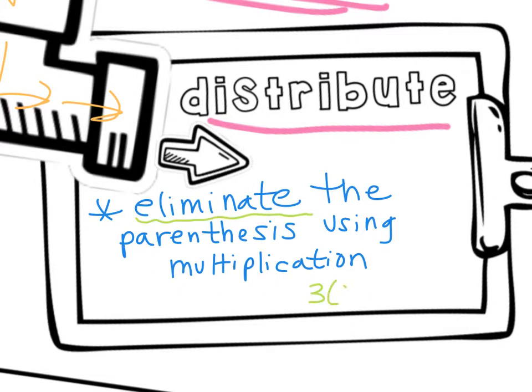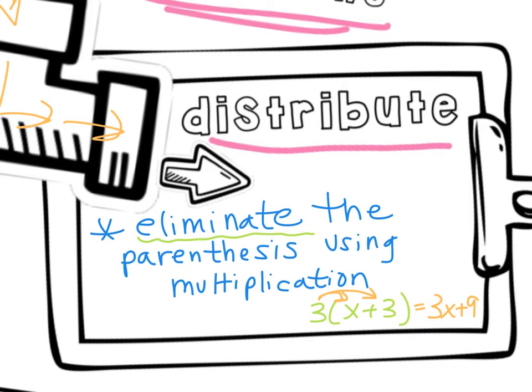So a quick example here. We multiply both things in the parentheses by the number outside to get rid of the parentheses. Okay, and feel free to add any color as we go.